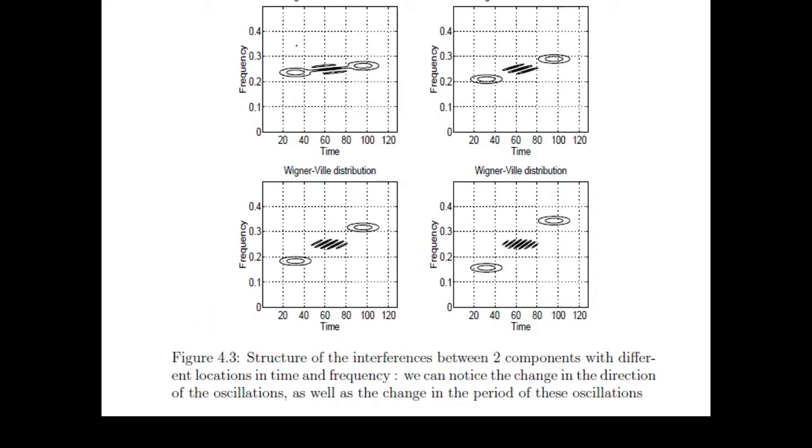If you see, there are two atoms, atom 1 and atom 2. This correlated function appears as a noise. So these are called the interferences.